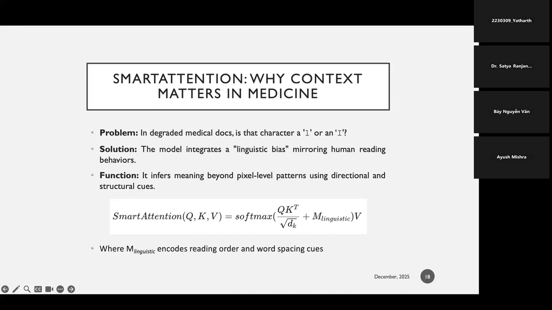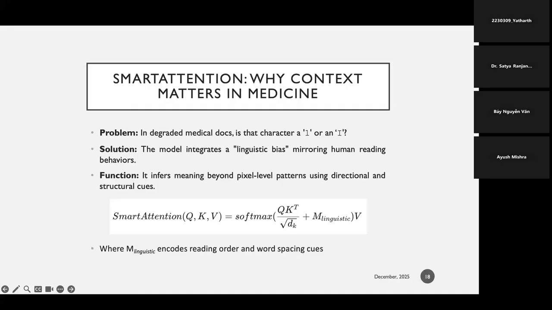We have an I inside the clinic, something like that. So we want our model to mimic this human behavior. We call this linguistic bias. We stopped trying to make the machine just see better and started teaching it to read better using the same directional and structural cues that you and I use.